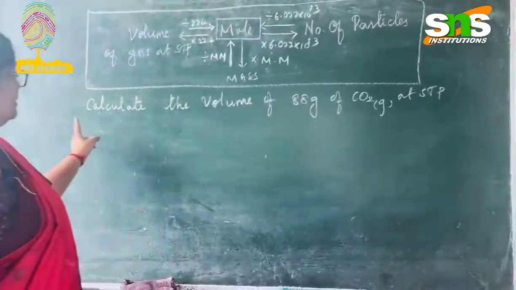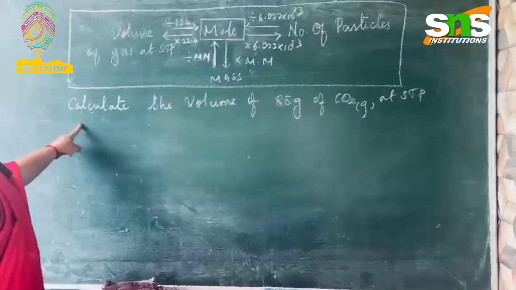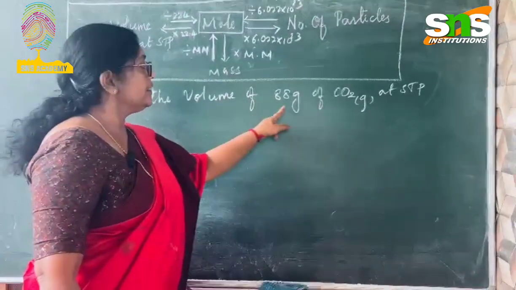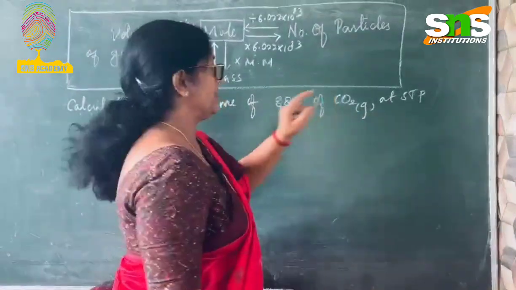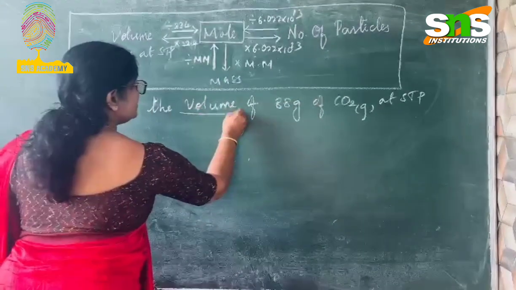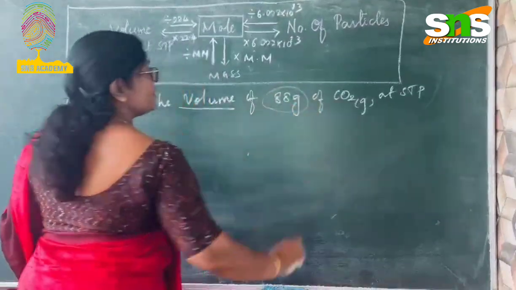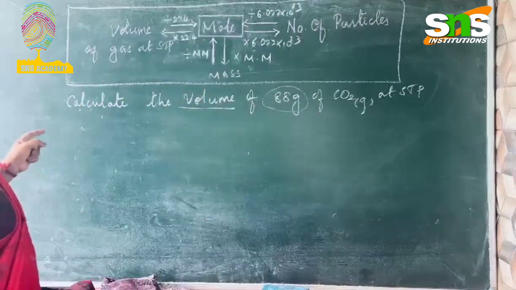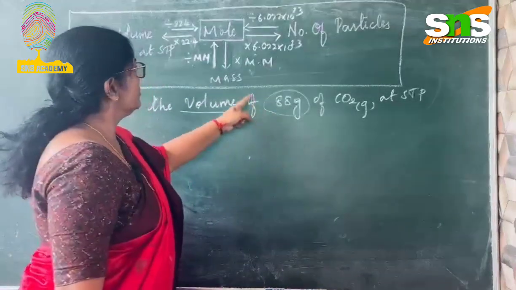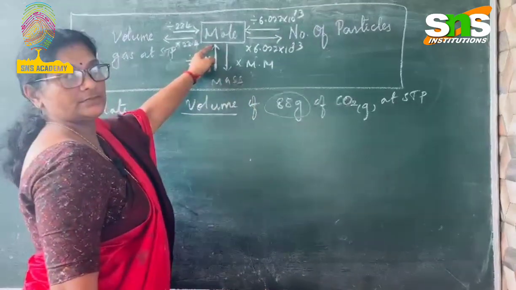Here is another numerical. This is the second one. Calculate the volume of 88 gram of carbon dioxide at STP. So here you are supposed to find the volume where mass of carbon dioxide is given. So we'll see how, by using the mass, to convert it into moles. Okay.